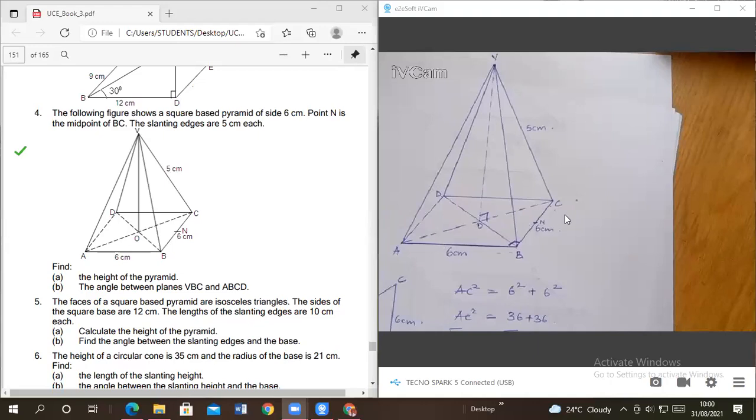We have found SC. Now we want to find the height of that pyramid. What are we going to do next, members? I'm asking.